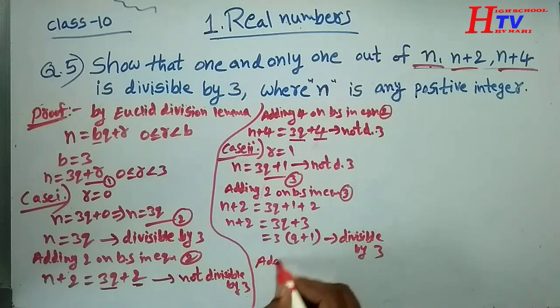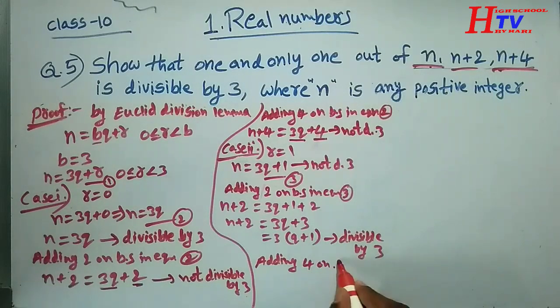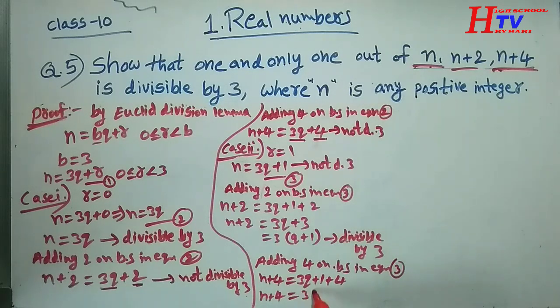And adding 4 to get n plus 4 on both sides in equation 3, we get n plus 4 equals 3q plus 1 plus 4. n plus 4 equals 3q plus 1 plus 4, which is 5.